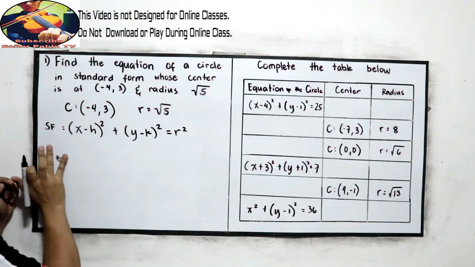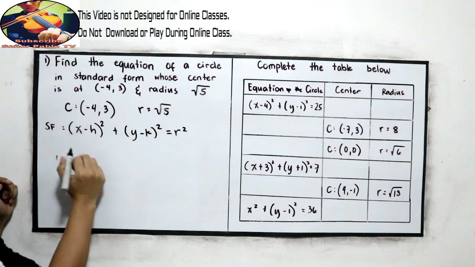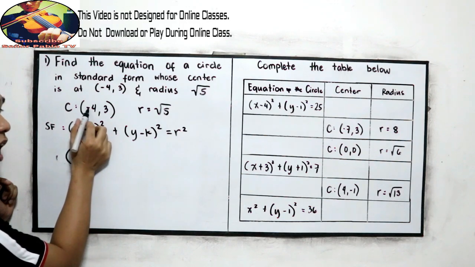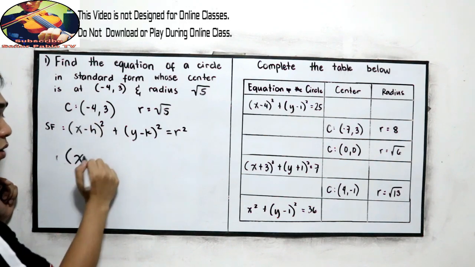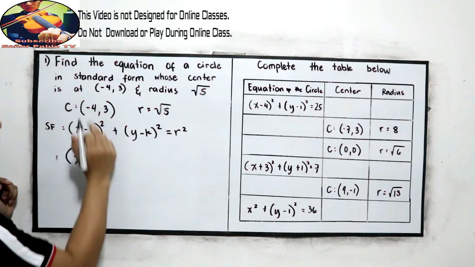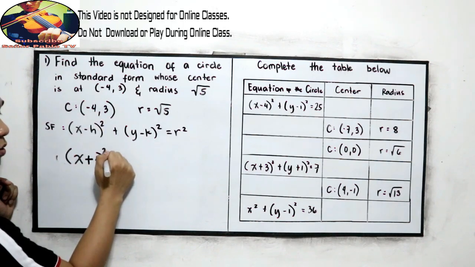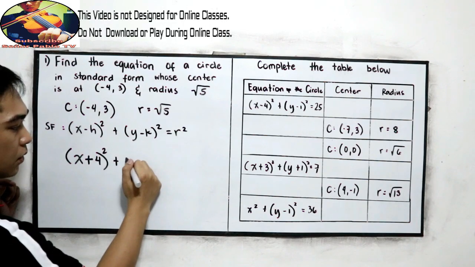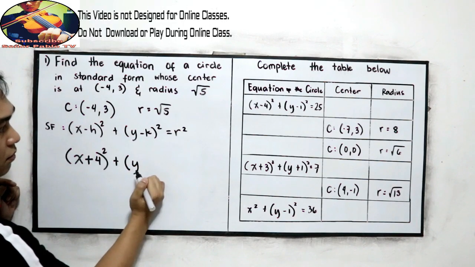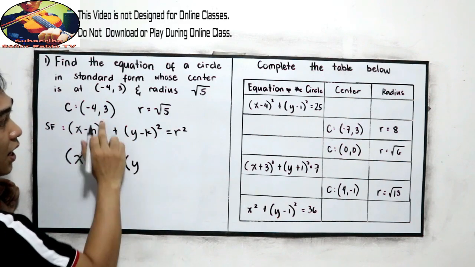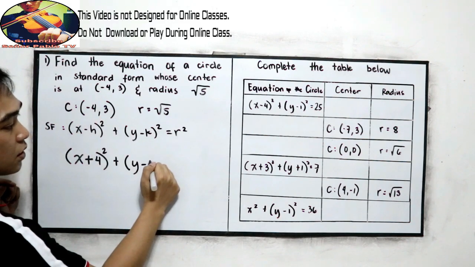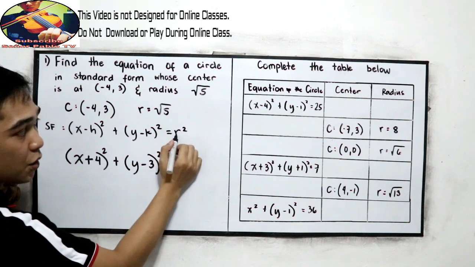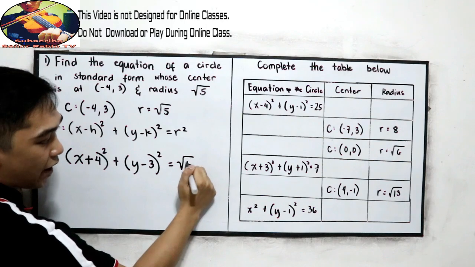So the standard form is quantity x minus h. So we have x, just reverse the sign. So negative 4 will become positive 4 raised to 2. Then plus y, reverse the sign, the positive 3 will become negative 3 raised to 2 is equal to, our r is square root of 5.